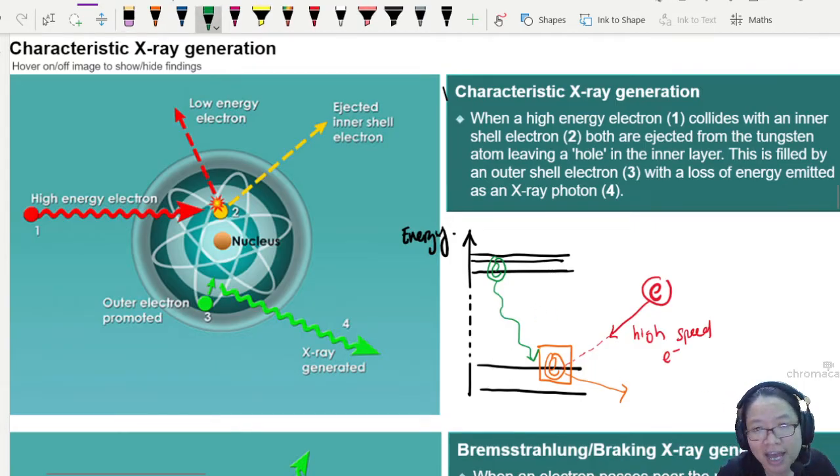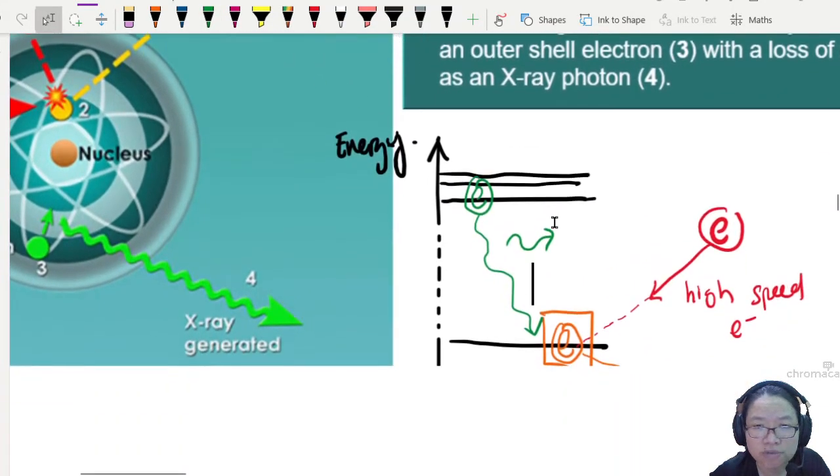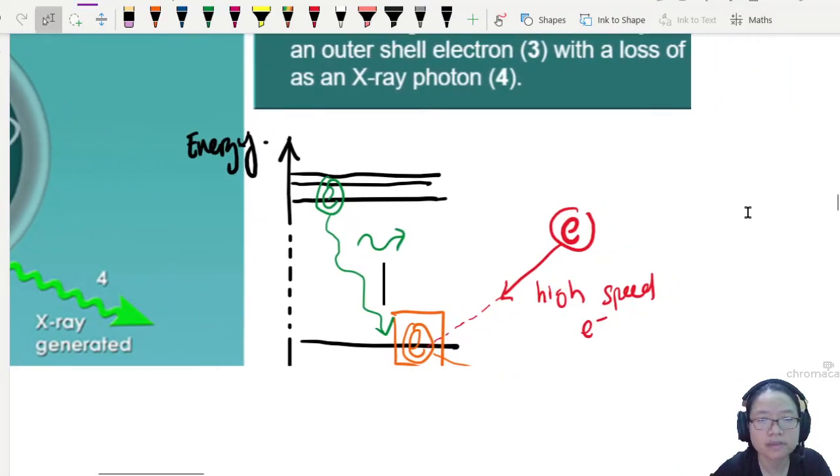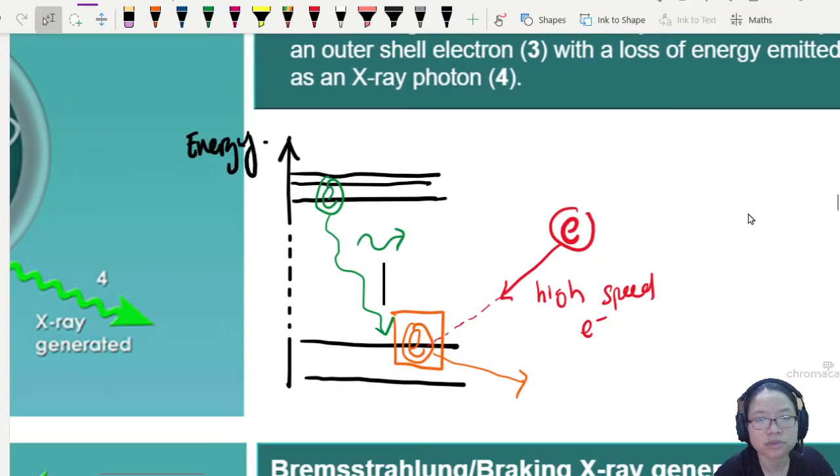This means that the X-ray, so here, I'm going to zoom in a bit so you can see a bit more clearly. So these X-ray photons, this one goes to the lower energy level.